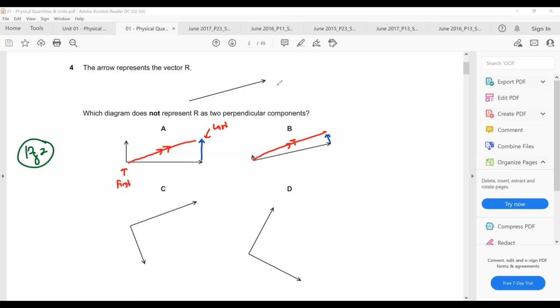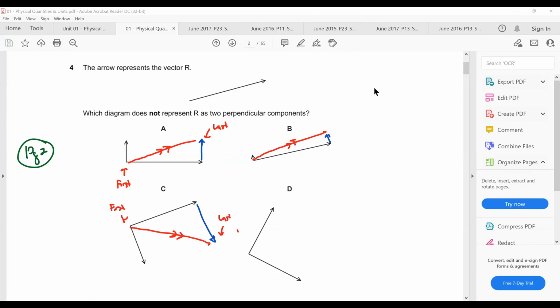Then now you look at answer choice C. You try to shift one of the vectors around so that it becomes head to tail. You will notice that this one, the resultant is like this. This one here being your first point. This one here being your last point. Okay.